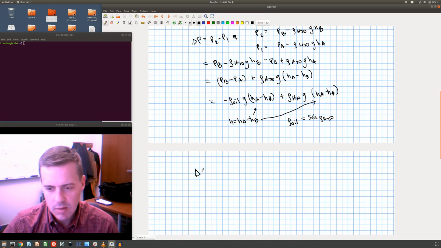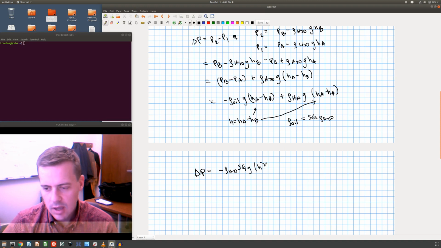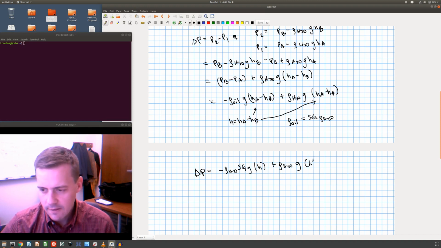So now I know that my pressure drop is equal to minus rho H2O times specific gravity times G times H plus rho H2O times G times H. So now I can pull out the common factors of rho, G, and H. I'm going to have rho H2O times G times H. And this gives me a factor of 1, and this gives me a factor of minus the specific gravity.